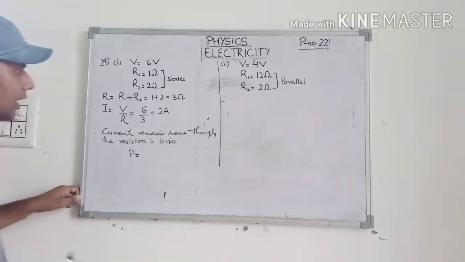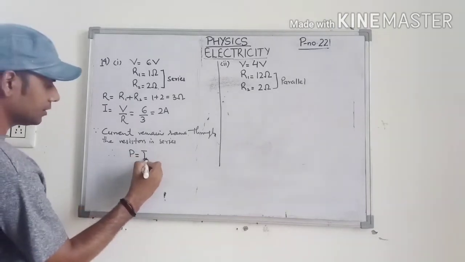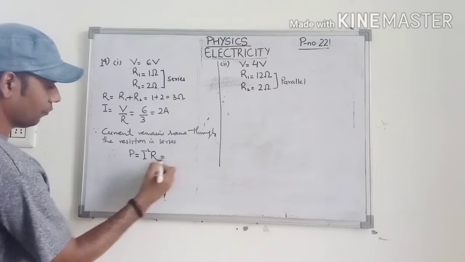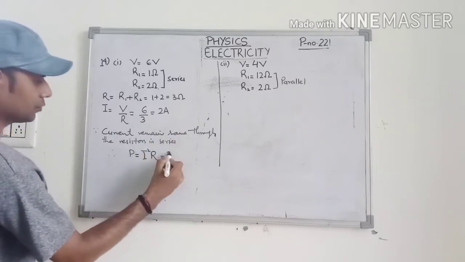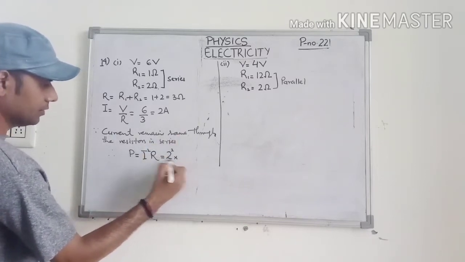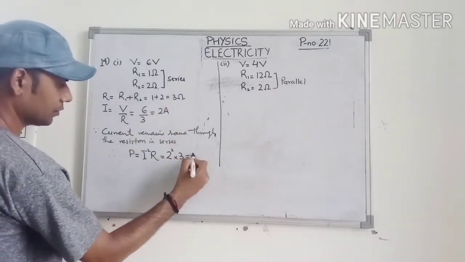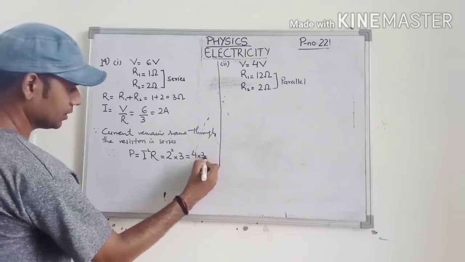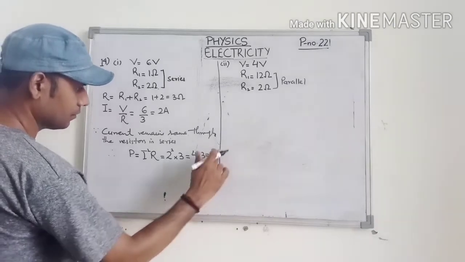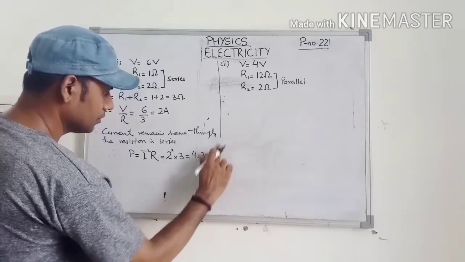In terms of I and R, it is I square R. What is the value of I? It is 2 square into resistance R is 3. So square of 2 is 4 into 3, that is 12 watts.